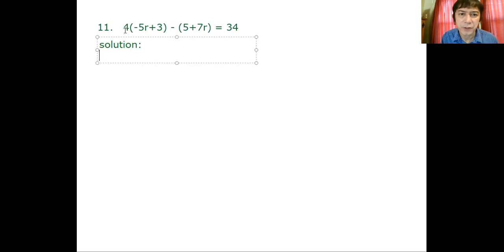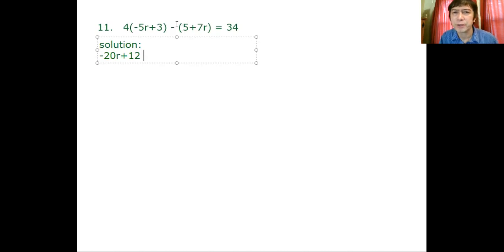We expand first. 4 times negative 5r is negative 20r. Then next, we multiply 4 and 3. That should be plus 12. Then next, this is what we discussed a while ago. We simply remove the parentheses and reverse the signs of the 5 and the 7.